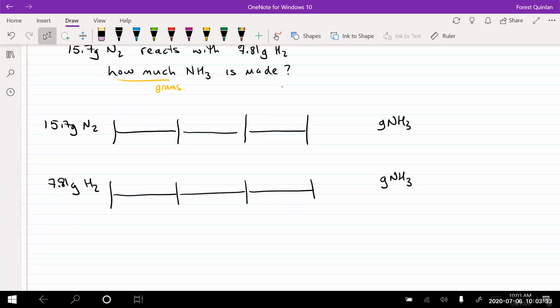In the first box, on the first calculation, grams of nitrogen are on top, therefore I have to put them on the bottom. And I'm going to convert those to the moles of nitrogen, going from the periodic table, to the equation, back to the periodic table.